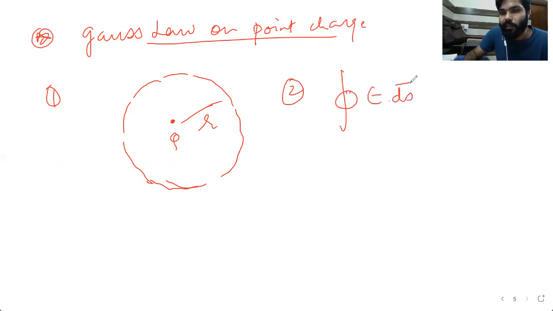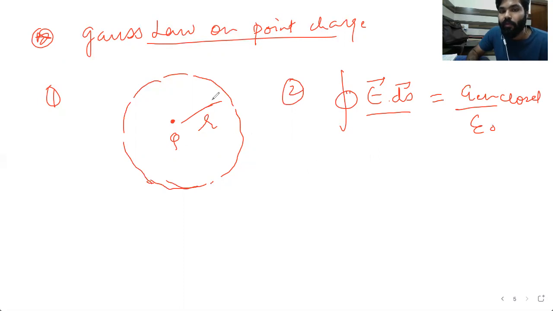Second step is applying the mathematical expression for Gauss law. E dot ds, which is the flux of this surface, is Q enclosed by the surface over epsilon naught. Now E dot ds is a dot product, so you should know its angle. What is the angle between E and ds?